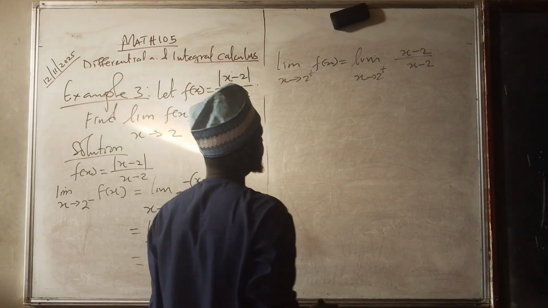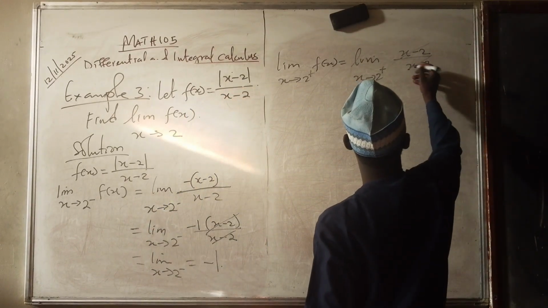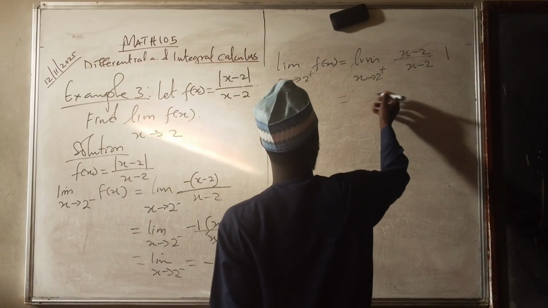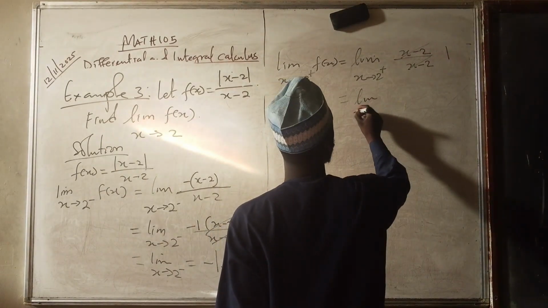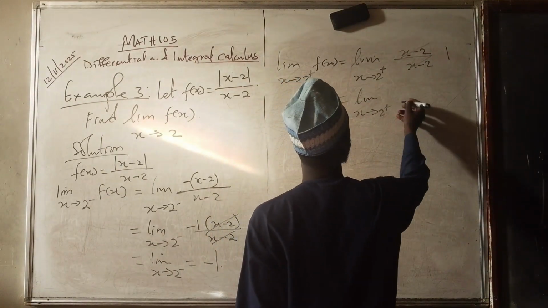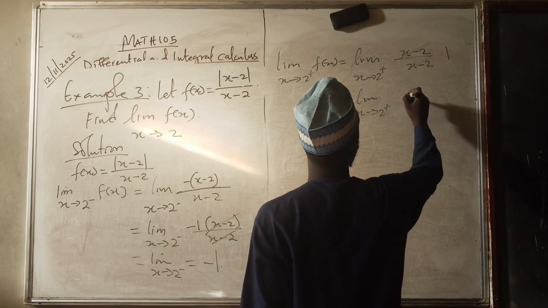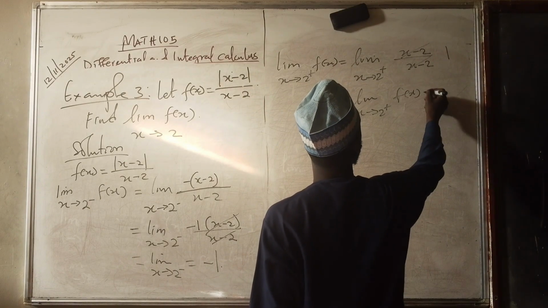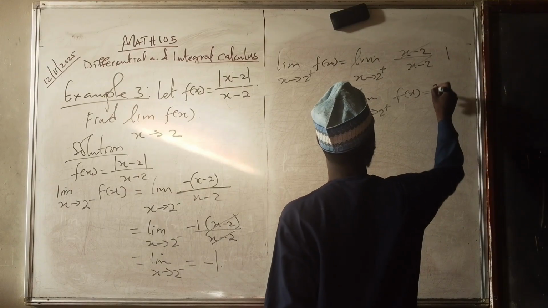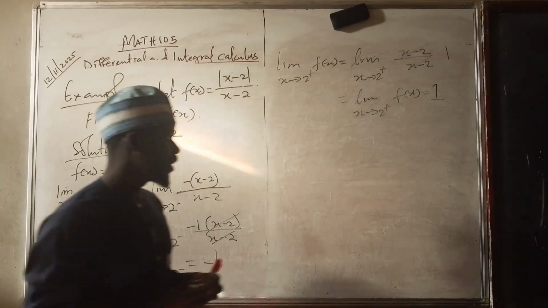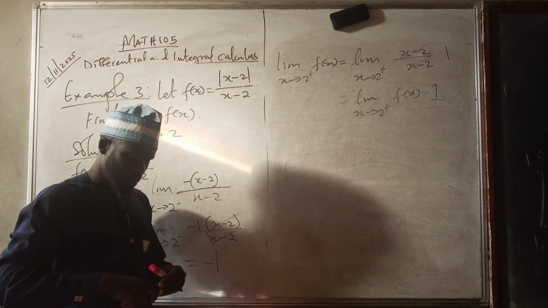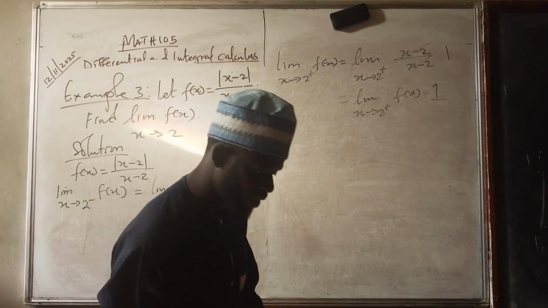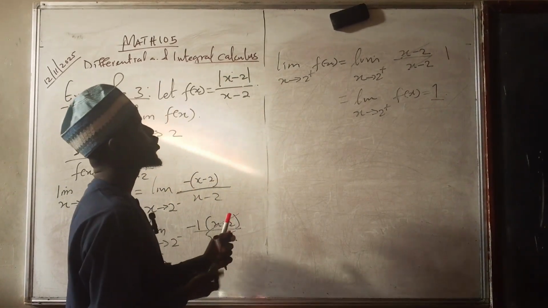So x minus 2 over x minus 2 is equal to just 1. So the limit as x tends to 2 from the right of f of x is equal to 1. Directly after the cancellation, we have seen that the limit is equal to 1.